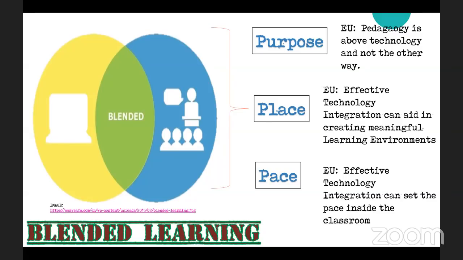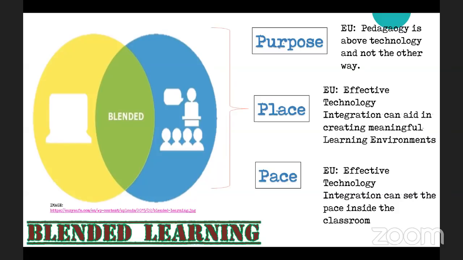Pardon me, but this is a reality that I, for one, would love to do. However, in a remote setup, there should be some sort of flexibility that we can provide to the students, and it's also a way for us to test if indeed our students are able to really get the right content, and to be elevated from lower order thinking to higher order thinking skills. That's blended learning.